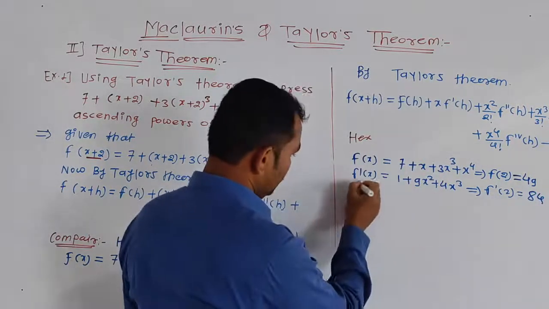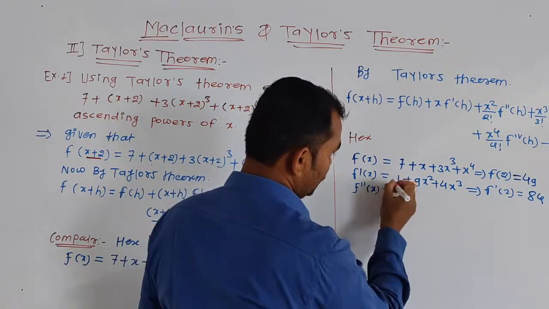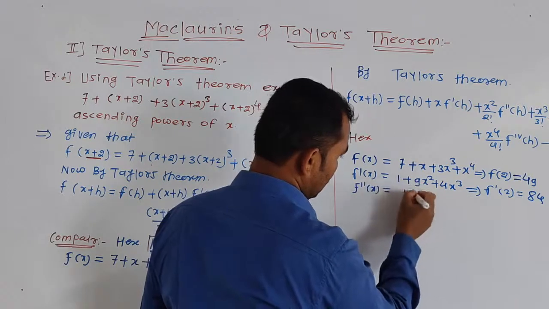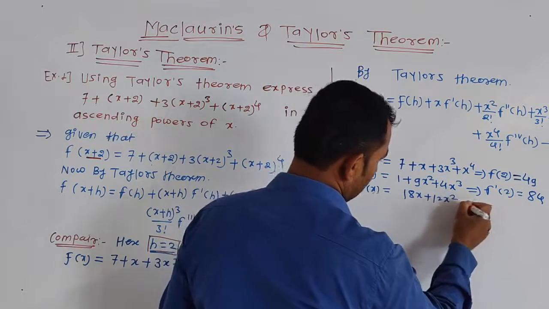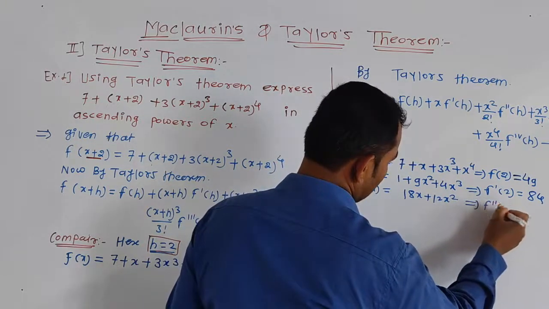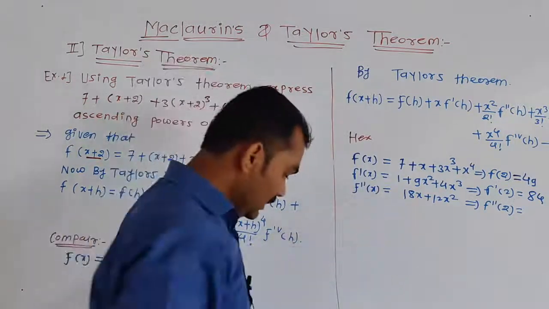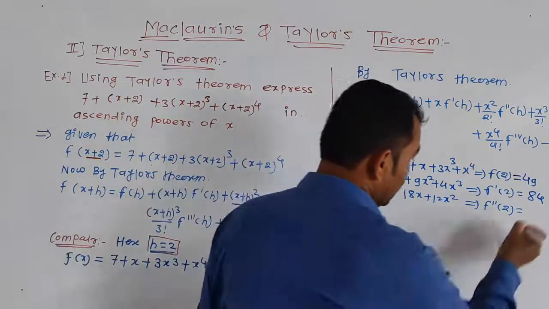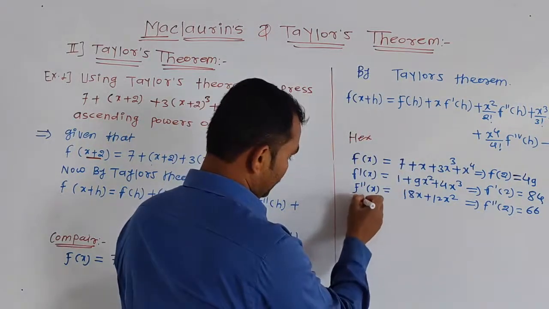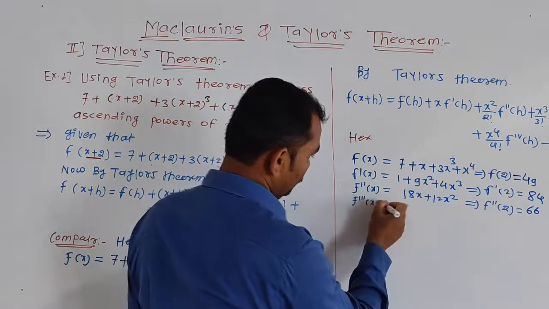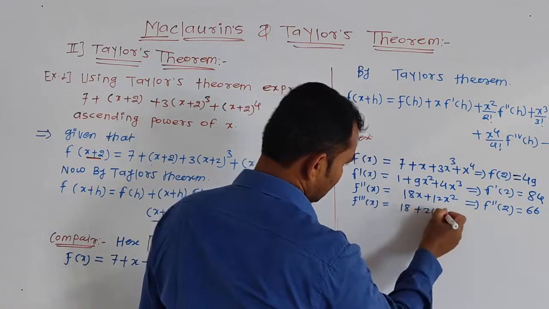The next, f double dash of x: the derivative of 1 is 0, the derivative of this is 18x, plus the derivative of this. Then replace x by 2 in f double dash of 2, put x is equal to 2 here, we get the answer 66. Also f triple dash of x is equal to the derivative of 18, this is your 18 and this 24x.